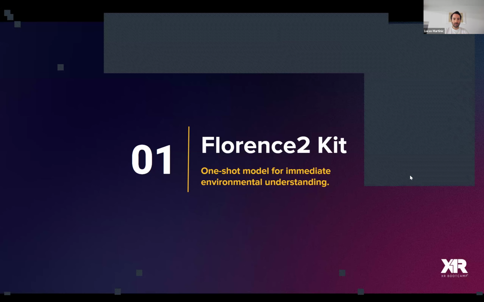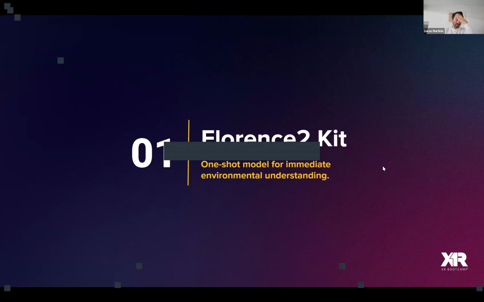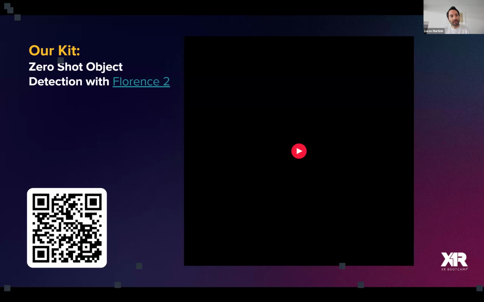All right. So we're gonna start with the Florence kit, as Nigel was saying. This is one of the three kits that we developed in the latest months to help you with starting with the XR and AI integrations with camera access. We tried to cover some common scenarios that we thought about.